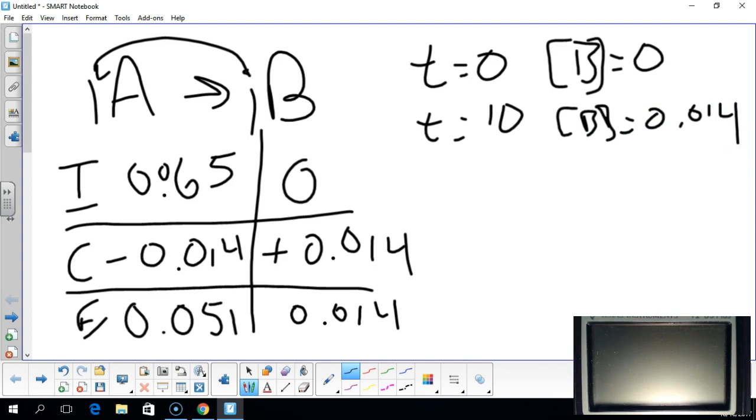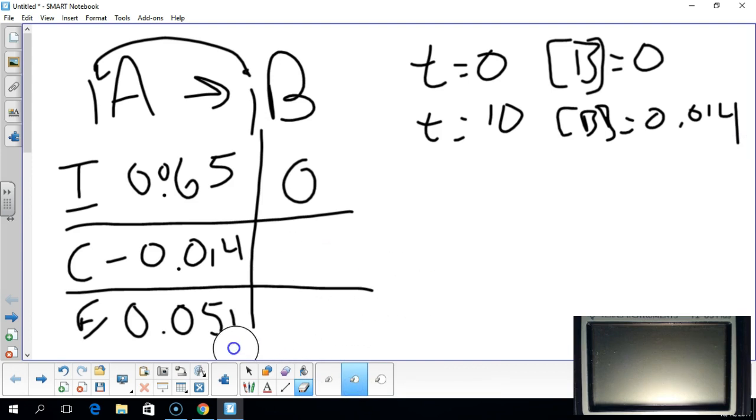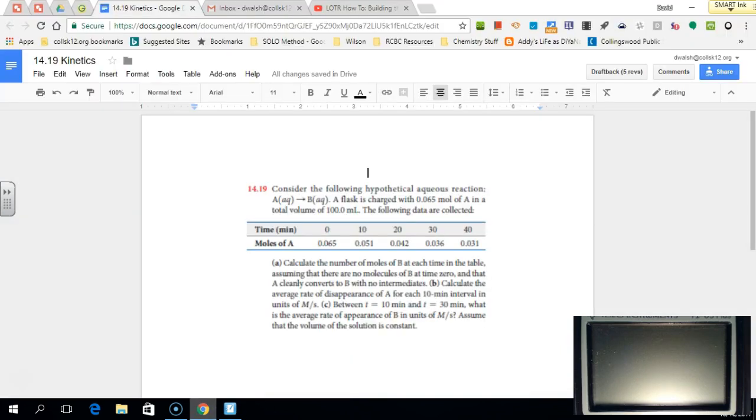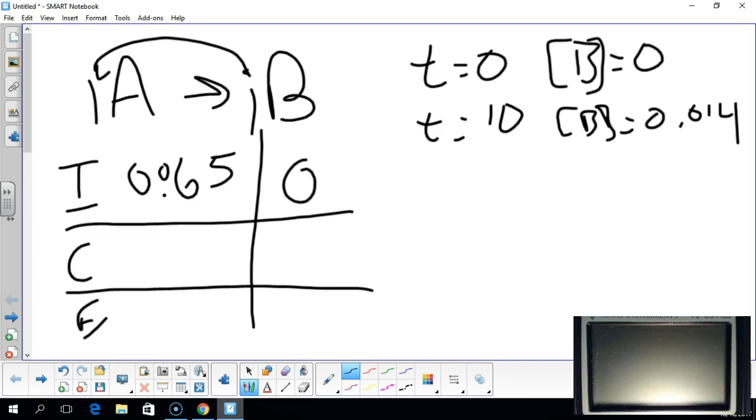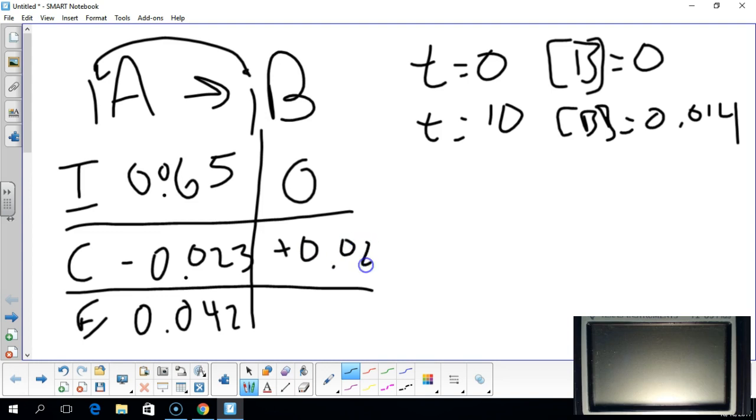And then we can continue to do that same thing every time in order to get the correct answer. So we know how much we started with. For 20 minutes, we end with 0.042, so that means we lost 0.023, which means we gained 0.023.